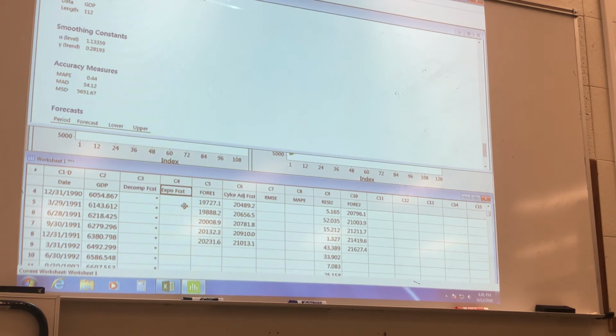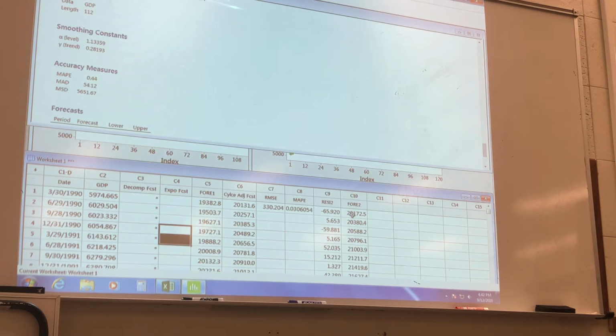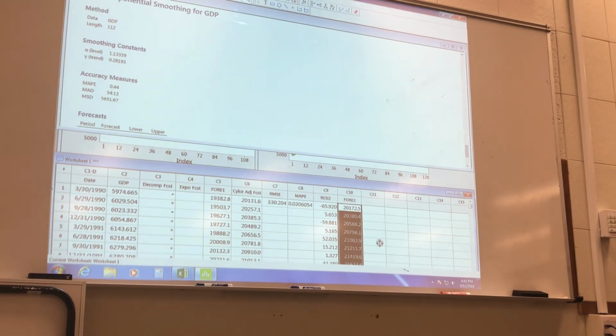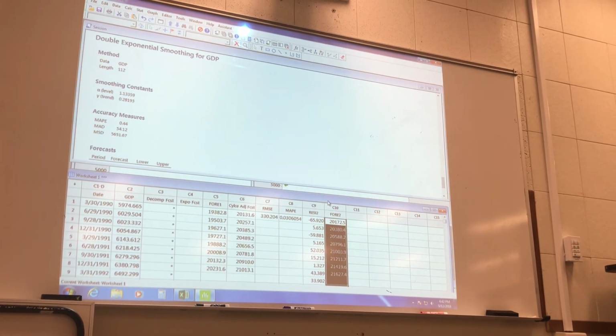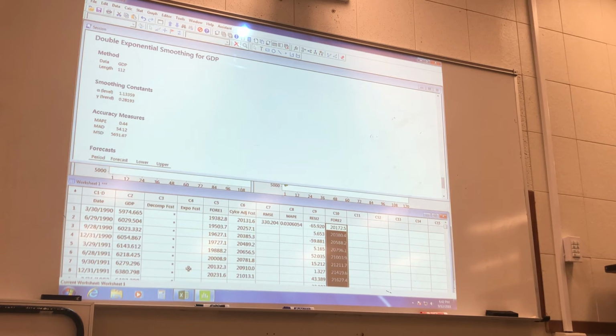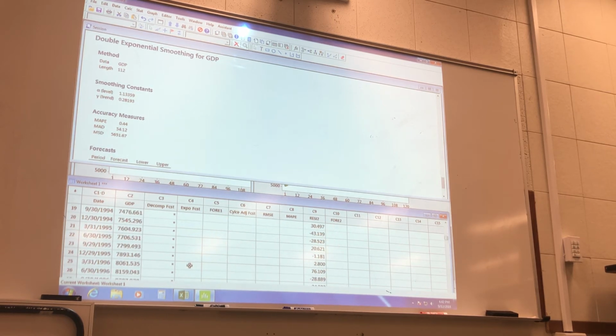Okay? And take these forecast values, copy them, and get all of them. Take those little forecast values and put them just behind the actual GDP data.